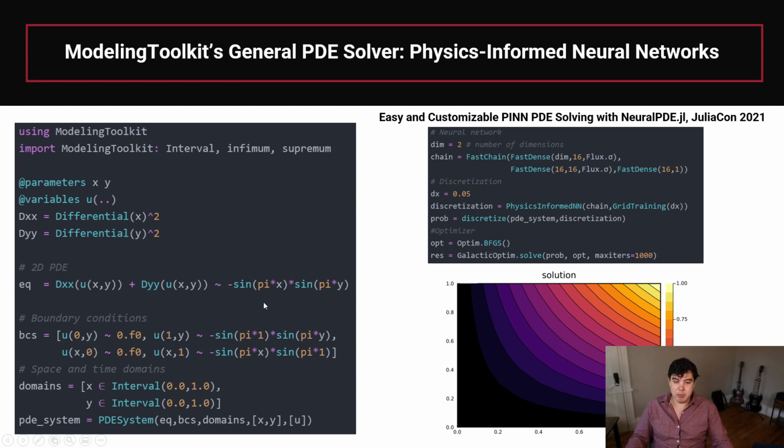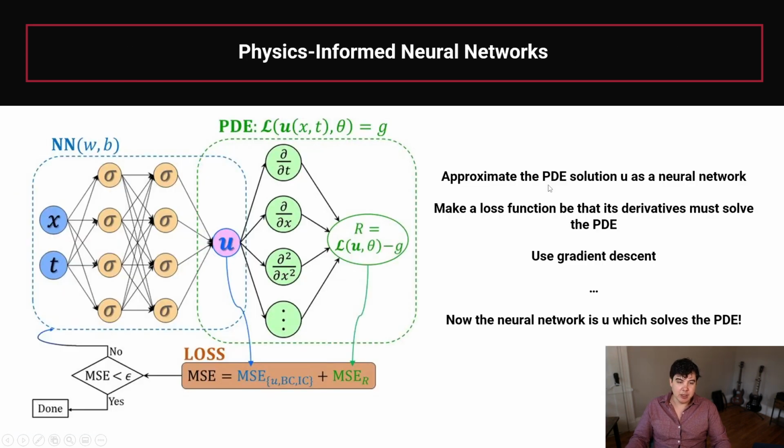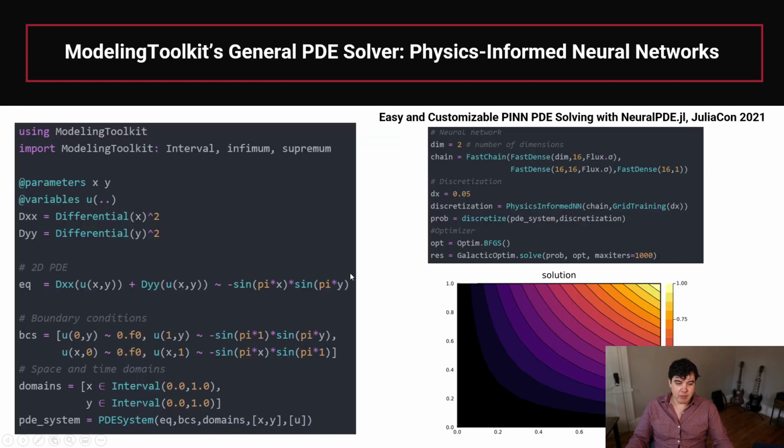Then you define a neural network, and then you say discretize, and you solve it with an optimization. What it does is it takes this equation and imposes it onto that neural network. It says, okay, two derivatives in x plus two derivatives in y should be equal to this function over here.